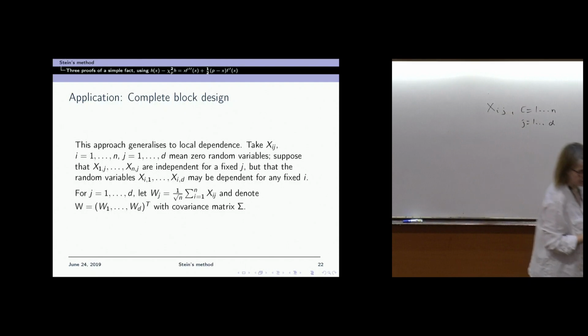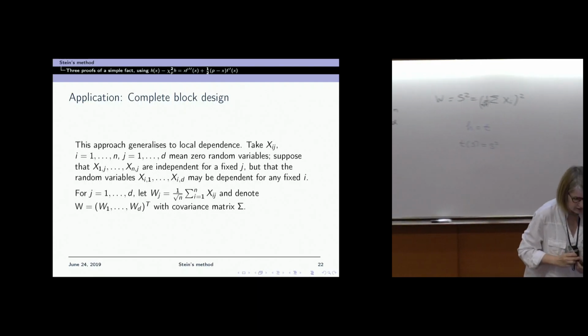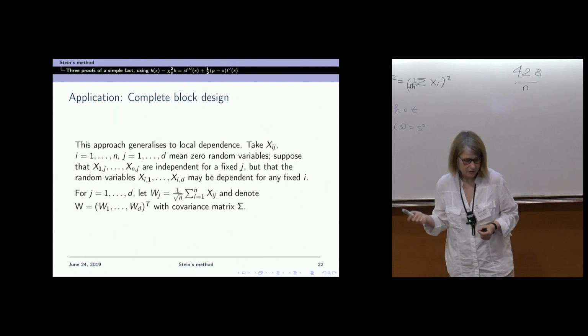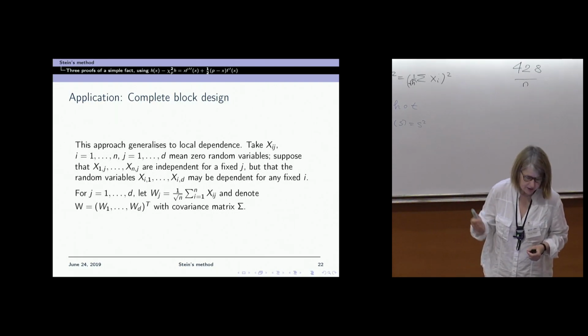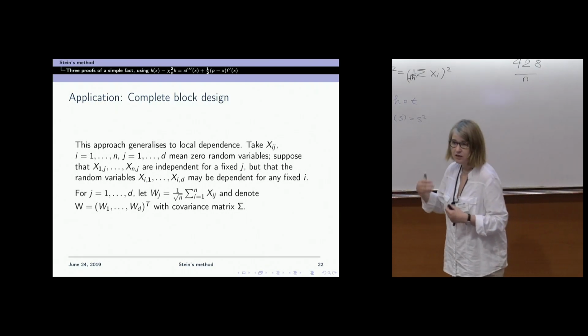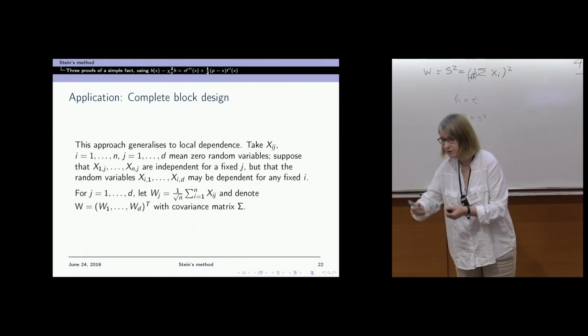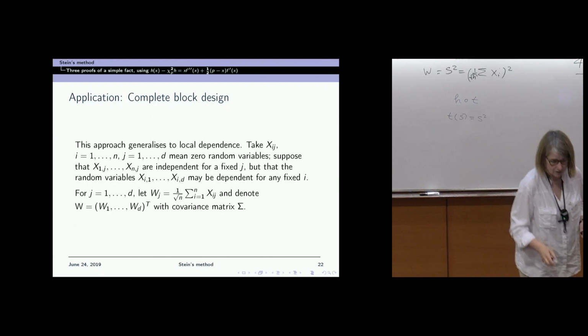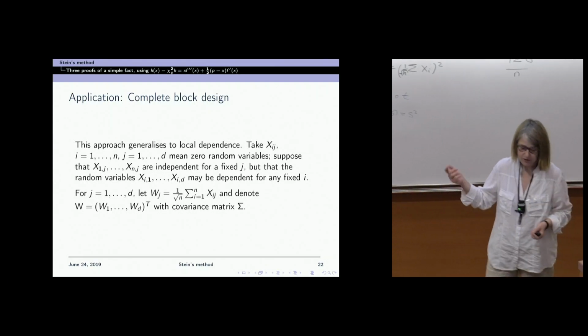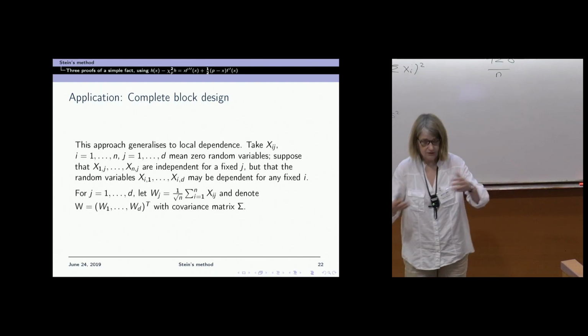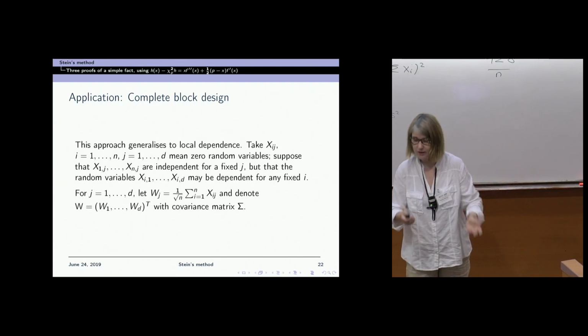So this is an array of random variables where we think that for fixed j's, the observations are independent, but for any fixed i, they may be dependent. So for each i, we observe a d-vector, which may consist of dependent observations. And then wj is the sum of the xij, and then w is the vector w1 up to wd.